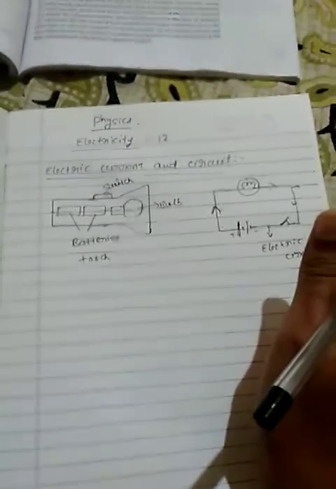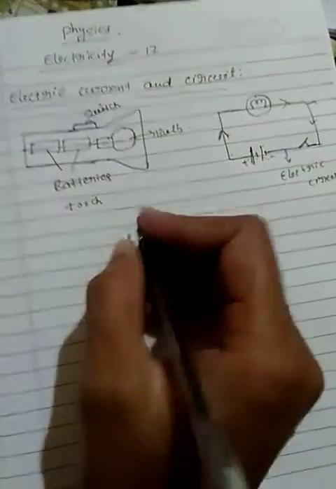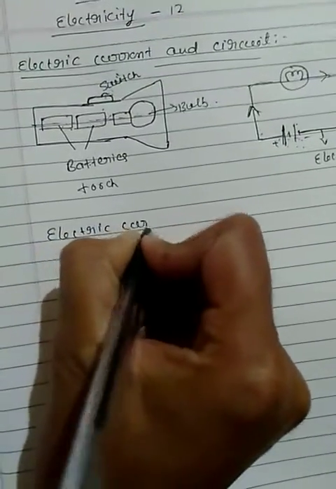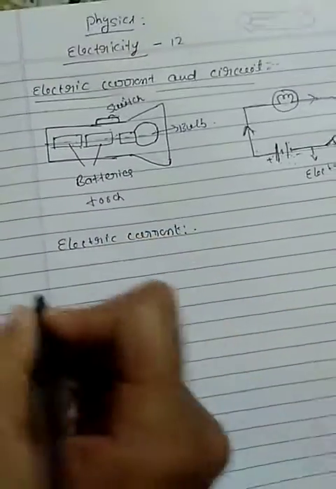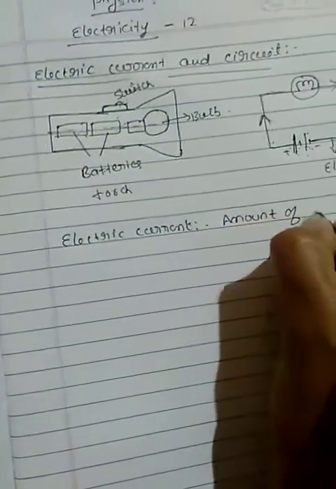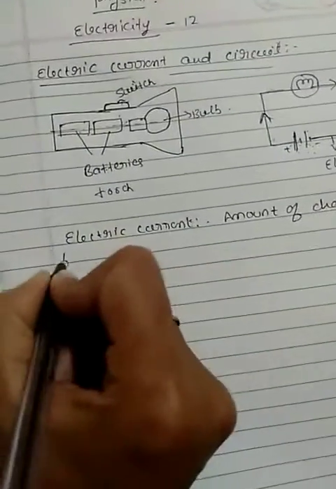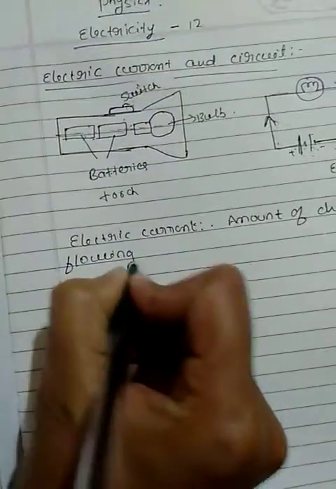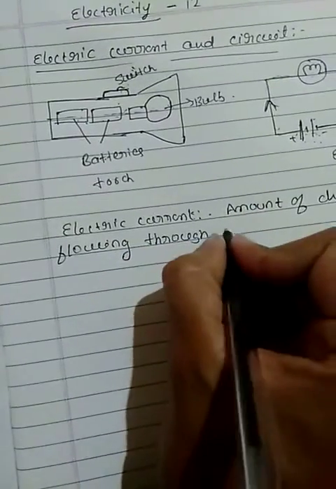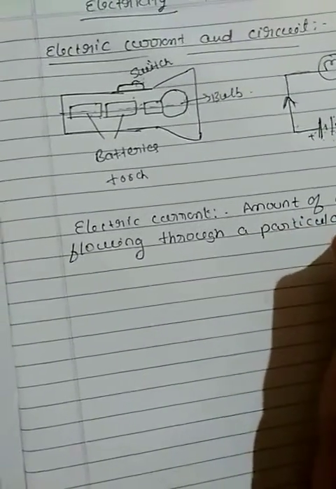How do we express electric current? It is expressed in terms of the amount of charges flowing through a particular area in unit time.